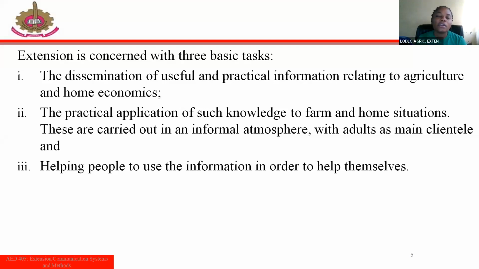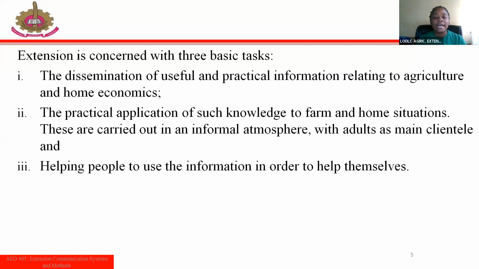What is dissemination? Dissemination is transfer, giving information, giving new things, transferring information. Dissemination of useful and practical information relating to agriculture and home economics, which is the reality of extension in agriculture.